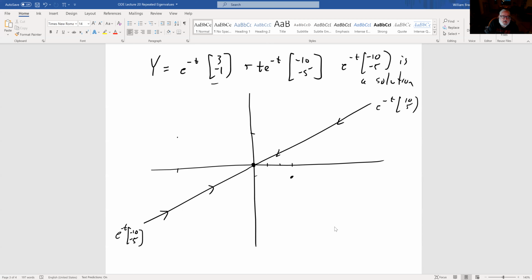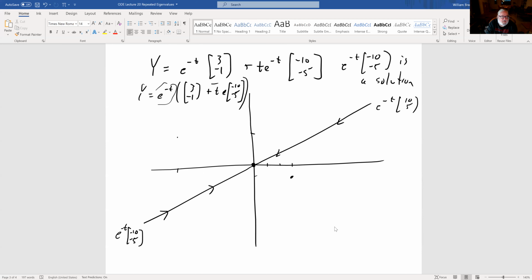Well, this is y equals e to the minus t times (3, -1) plus t times (-10, -5). What happens as t goes to plus infinity? Well, this is driving everything to 0.